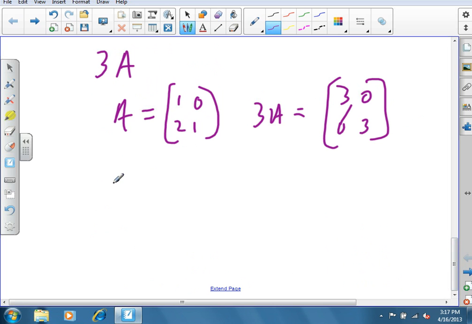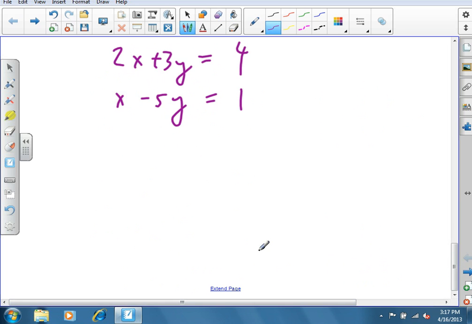Okay, if I have 2x plus 3y is equal to 4, and x minus 5y is equal to 1. I have 2 equations, 2 unknowns. I could put them in a matrix: 2, 3, 4, 1, minus 5, 1.